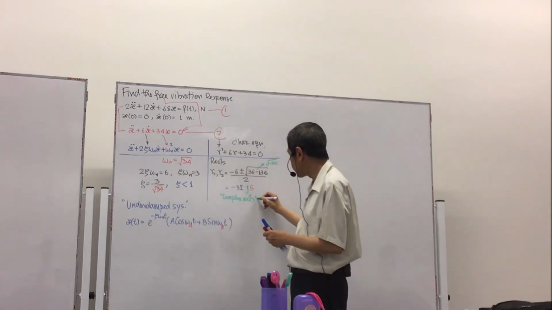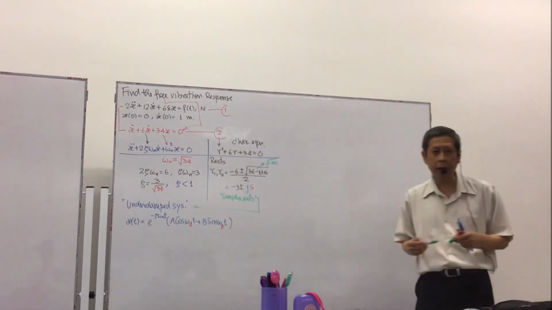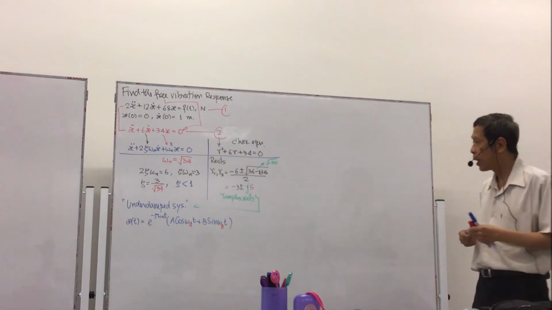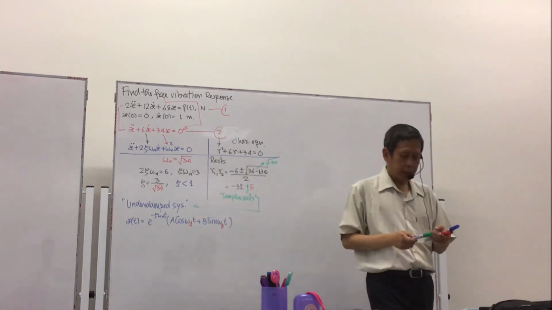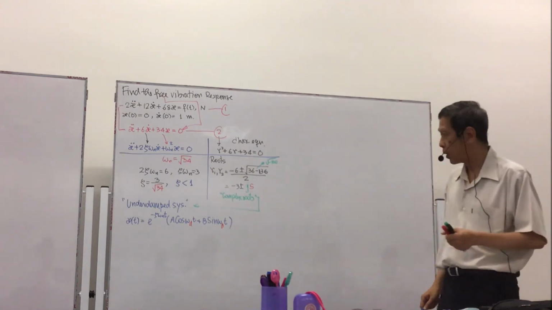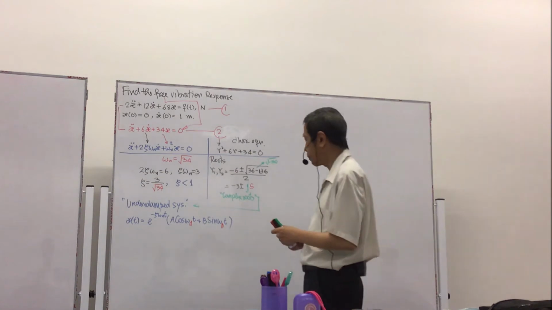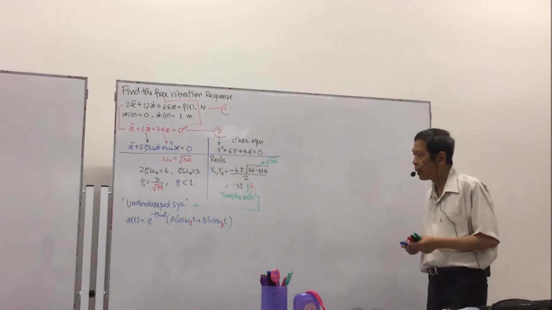There are two roots, and complex roots also indicate that the system is underdamped. So we have two ways to determine the type of system: overdamped, critically damped, underdamped, and undamped.